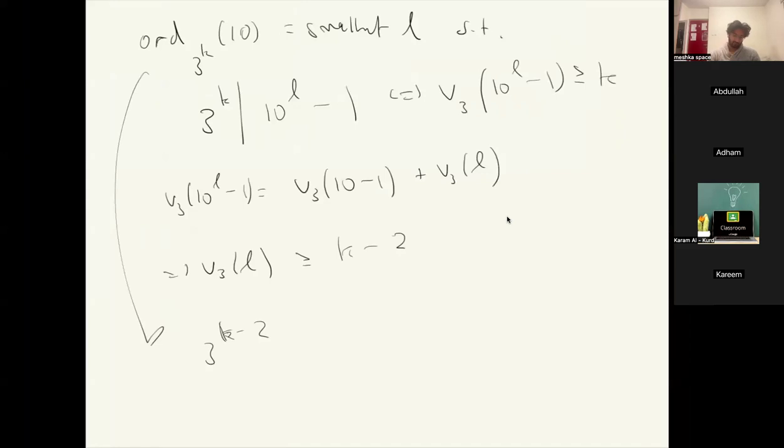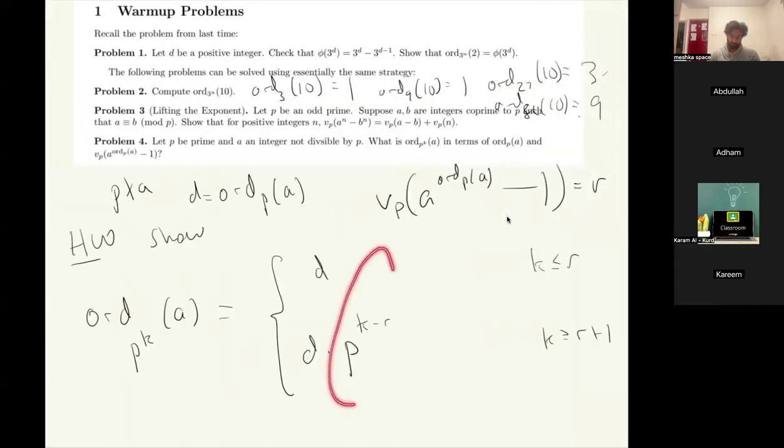In general, the point was that D is equal to 1, that the number we started with, 10, is already 1 mod 3. In that case, it's obvious.